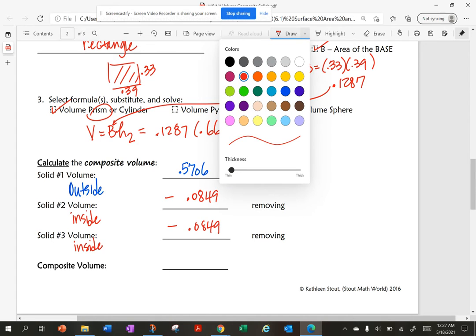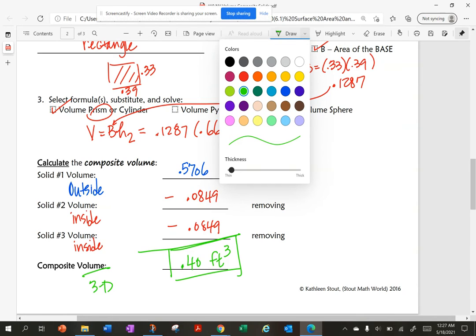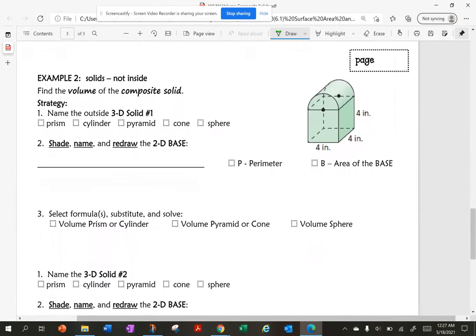So my composite volume is 0.40 feet cubed, because volume is 3D, so I need my units cubed. See, these objects, I had objects inside, so I subtract them. So let's do one where they are on top of each other, and I'm going to add them.